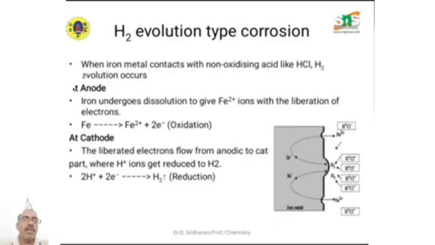And at the cathode, the liberated electrons flow from the anodic to the cathodic part, where H+ ions get reduced to H2 gas, hydrogen gas. The reaction is 2H+ plus 2 electrons gives hydrogen gas. The type of reaction is a reduction reaction.